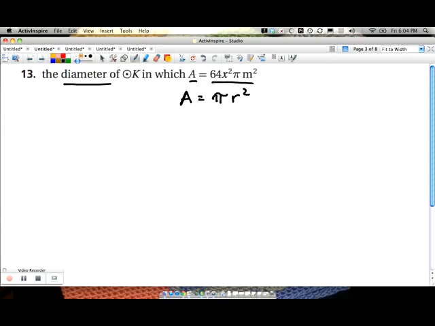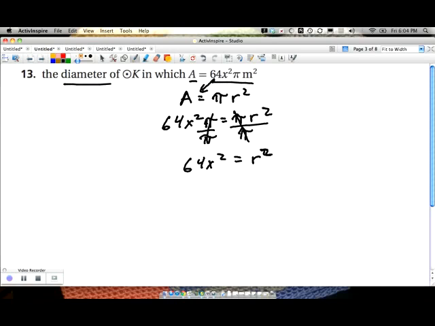So if I know that the area is really 64x squared pi, let's see what the r would be then. 64x squared pi equals pi r squared. Well, if I reduce the pi on both sides, that's going to be 1 over 1 for those pi's. So then I have 64x squared equals the radius squared.